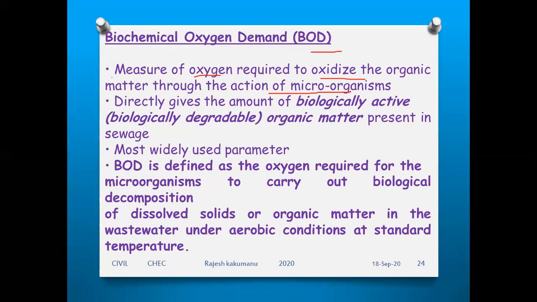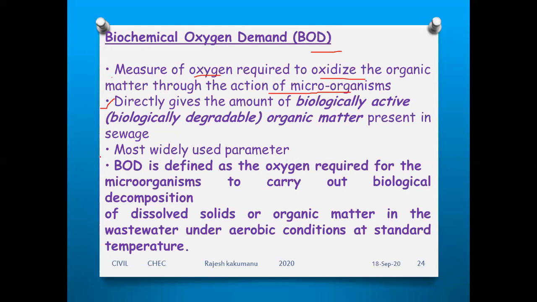Using microorganisms, we test the levels of organic matter and oxygen. Next point. It directly gives the amount of biologically active organic matter present in the sewage.